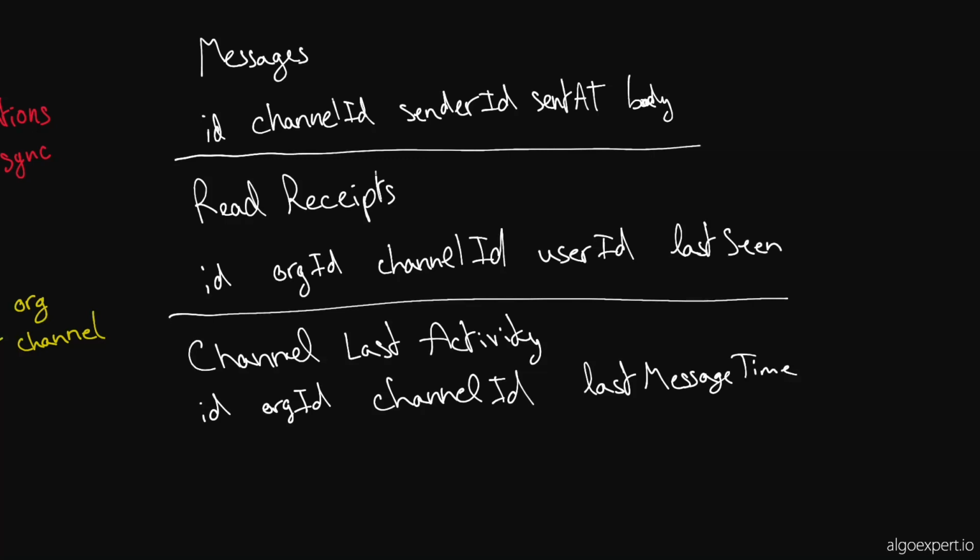Unread mentions. Okay. So then I'm trying to think. First of all, that tells me that in a given message, we need to somehow store some extra information about whether or not there are mentions.